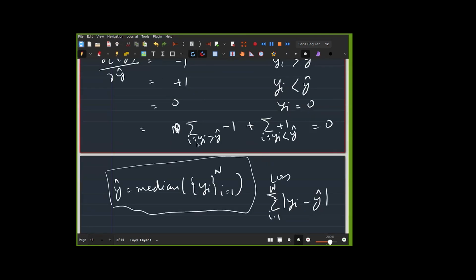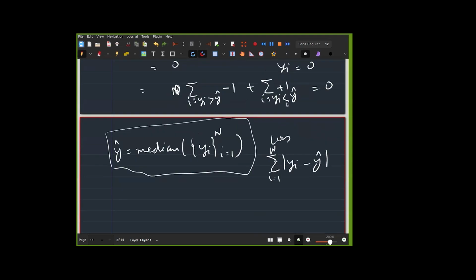For example, if you see here, the gradient of positive and negative should be equal, right? That's how it will get as close to zero. So if it's kind of unweighted, then it becomes equal to zero. So let's write it down. The gradient of the loss is equal to the sum over all the situations when yi is less than y hat, plus the sum of all the situations when yi is greater than or equal to y hat.